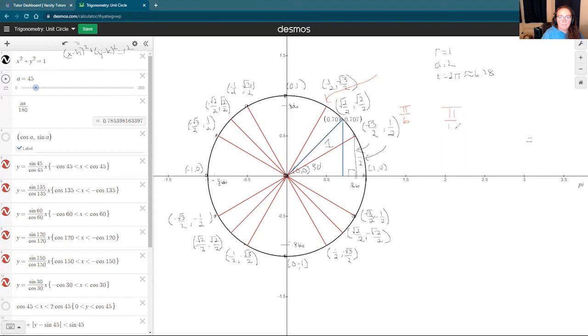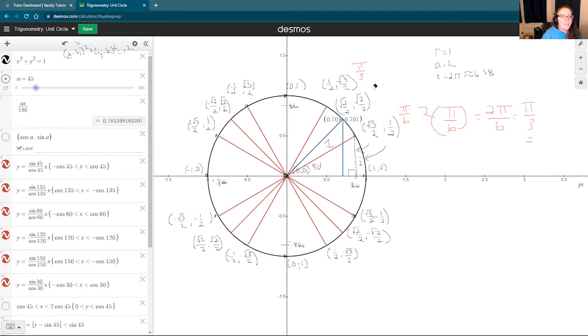Pi over 6 multiplied by 2 becomes 2 pi over 6, right? But I want to reduce this. What could I reduce this by? 3 maybe. I'm going to reduce it by 2. I'm going to divide the numerator and denominator. Yeah, because you're going to end up with pi over 3, right? Good. Okay, so this is pi over 3. Got it.